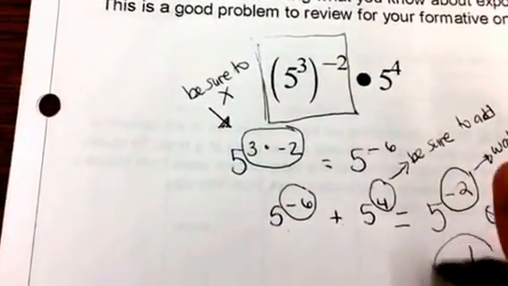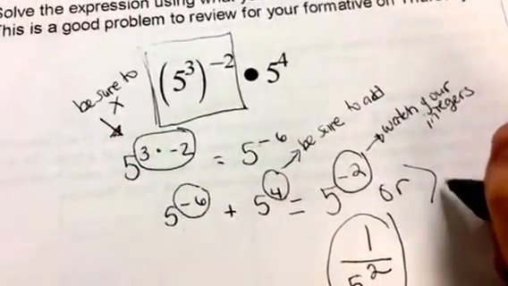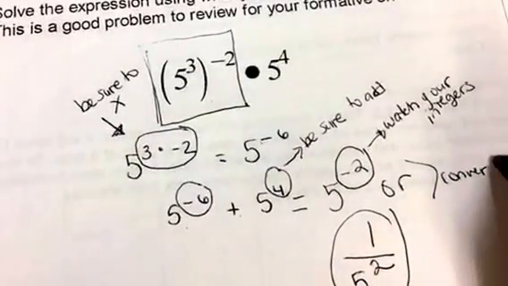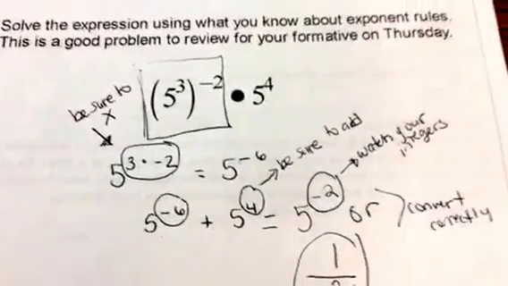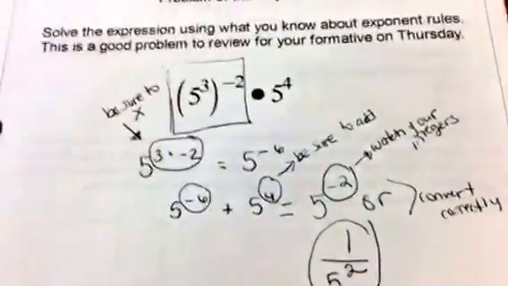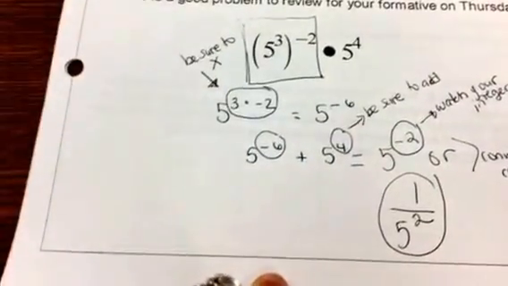And sometimes they make a mistake here by not converting between the two. So those are the 4 places that you have to watch out, and you guys have your formative on this tomorrow, so you can use this to help you study because there are going to be problems like this.